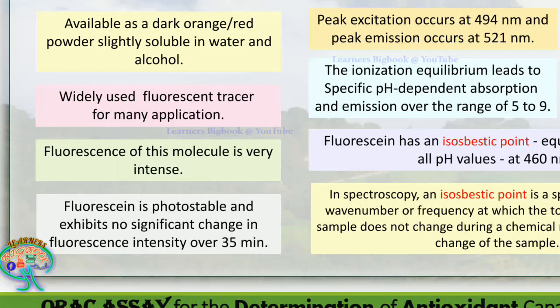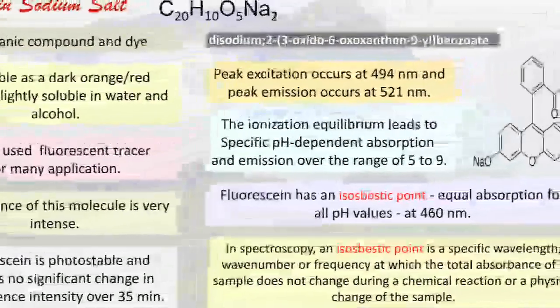It is photostable, exhibiting no significant change in fluorescence intensity over 35 minutes. So once the fluorescein has been used during the experiment, it gives a promising effect till 35 to 40 minutes. This is the default time range which has been mentioned even in the research articles.